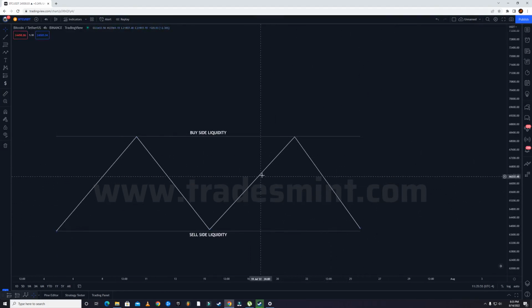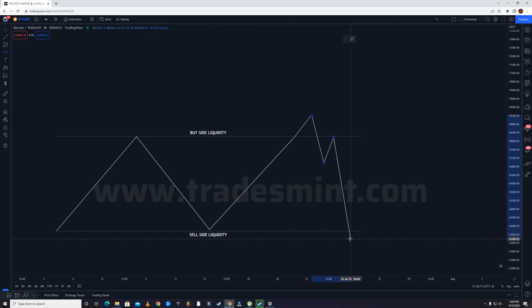Okay, so what price actually does, let me explain to you. Price fakes out like this, all right, and then goes down, fakes out the support level, and then it might either go up or down depending on the daily bias.